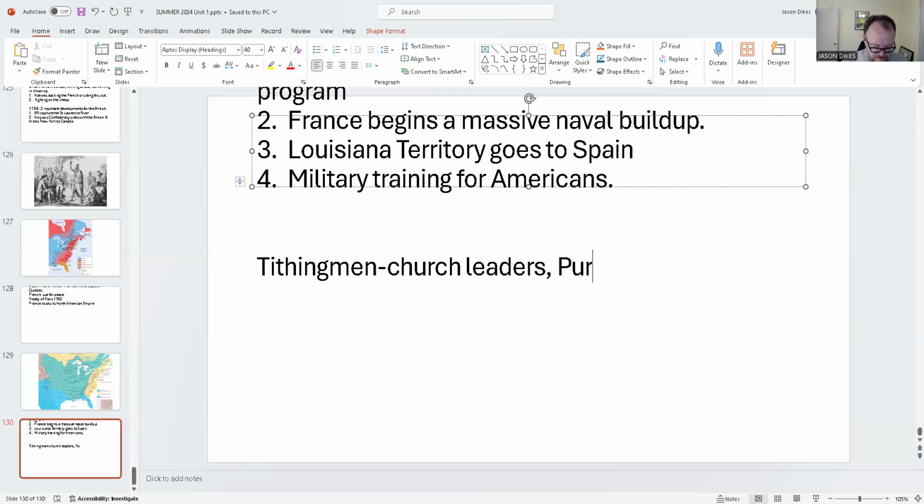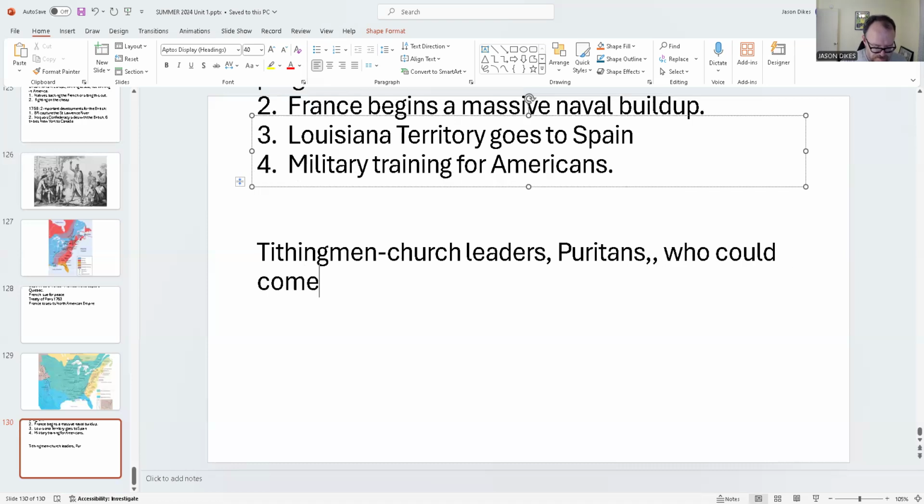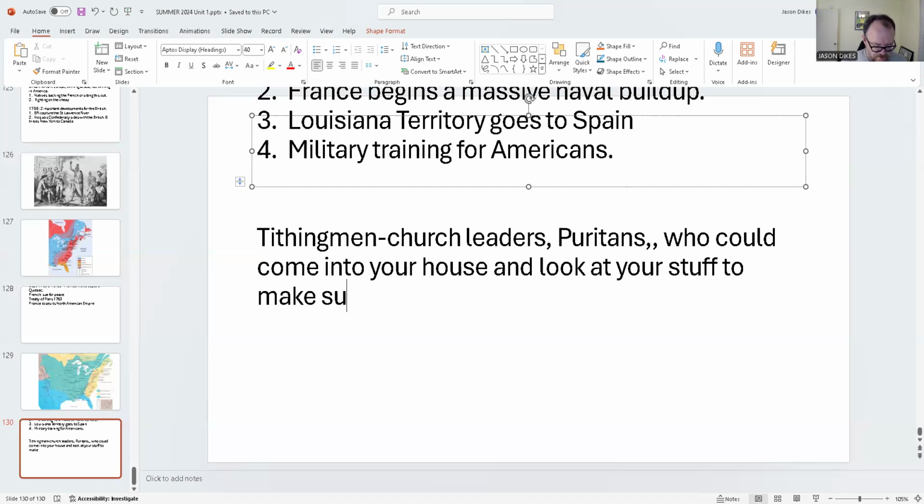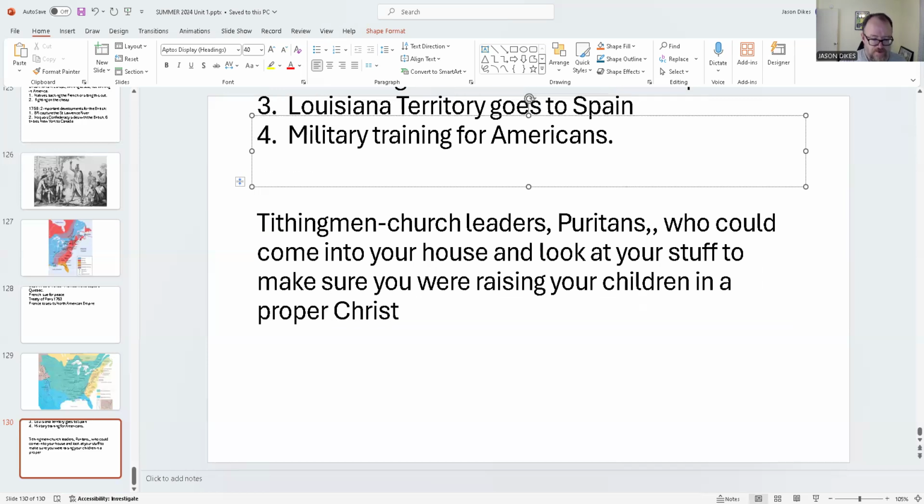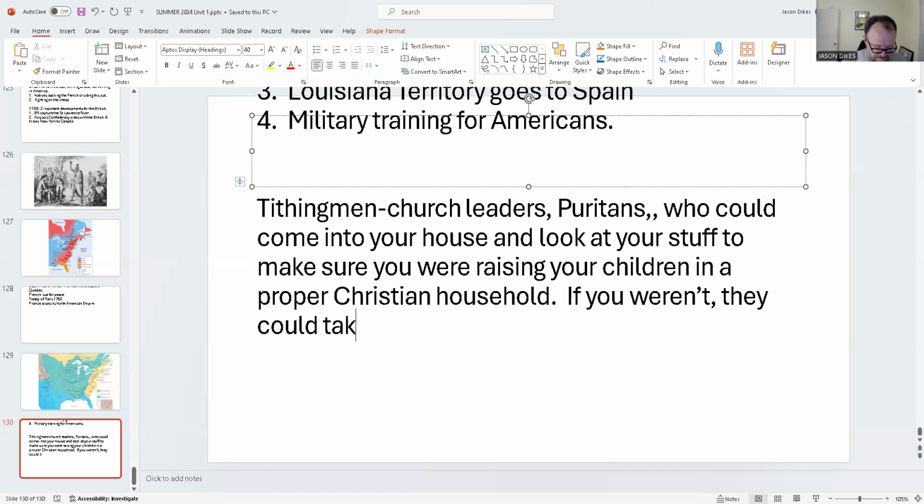Again, this is Puritans, who could come into your house and look at all your stuff, make sure you are raising your children in a proper Christian household. If you weren't, they could take your kids away. Your reading mentions them. They are talked about in the readings, but they're also in the study guide under the terms under the New England.